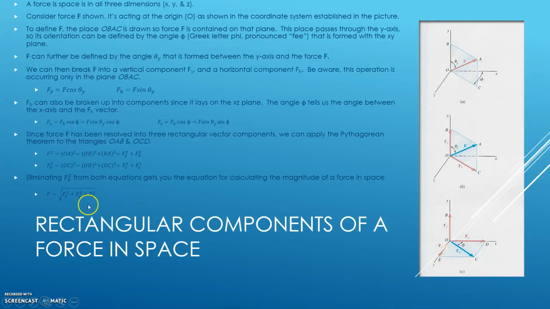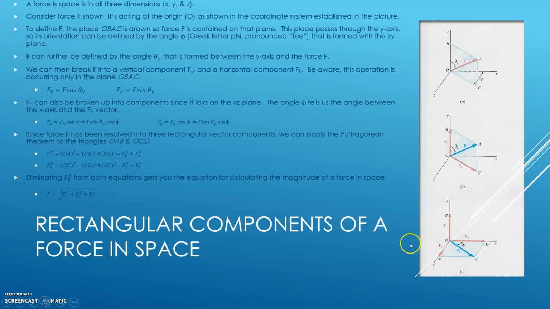We know that F squared equals the side OA squared, which is equal to OB squared plus this side squared, just our triangle sides: F sub y and F sub h. And that horizontal component we know consists of F sub x squared and F sub z squared.